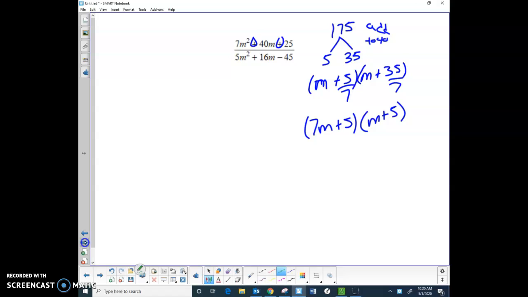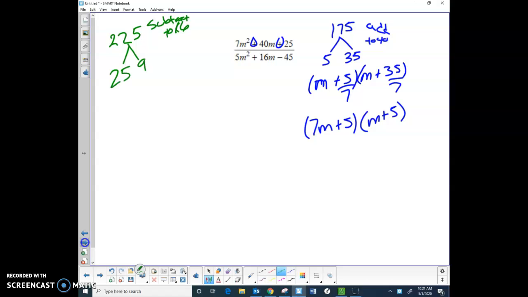Now let's look at the denominator. Let's factor that one out first. 5 times 45 is 225. We need these to subtract because our signs are different, to get 16. Looking at 225, 25 goes in there.